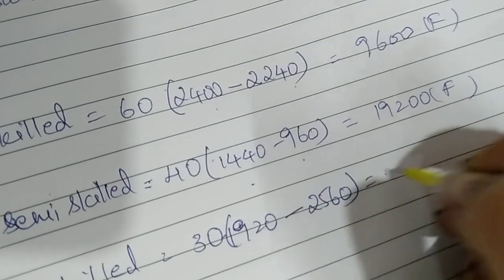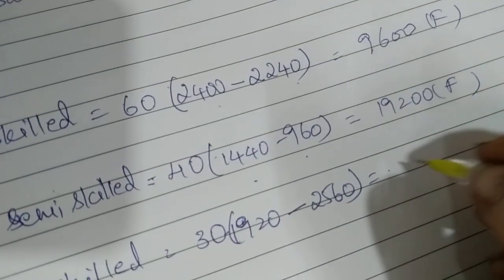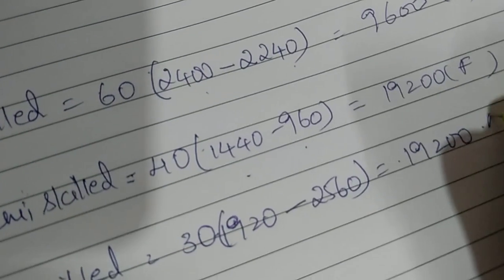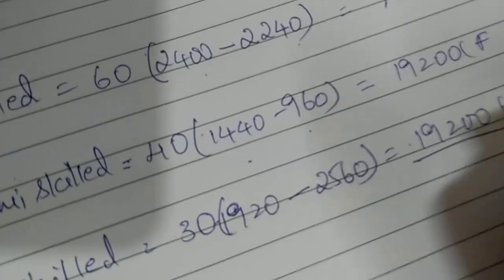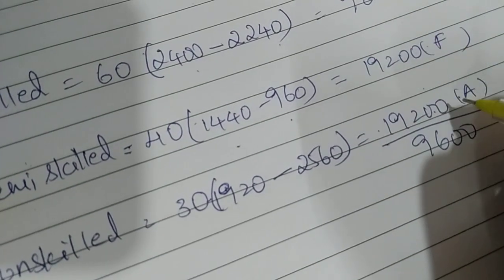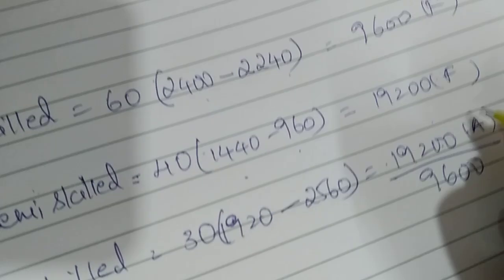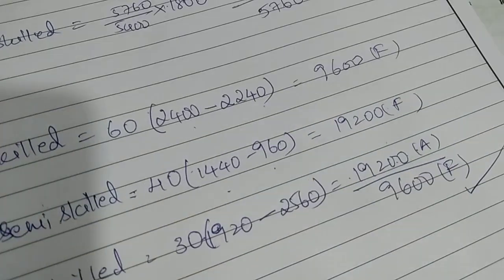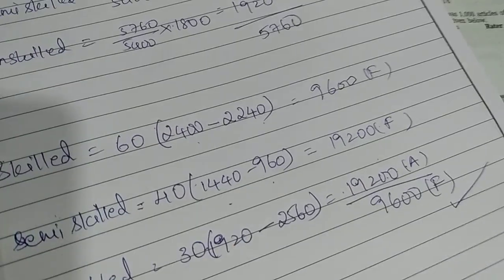And the last one I got again the same, 19,200, but this is adverse. So when I net it, because one is plus and one is minus, they will cancel, and the leftover will be 9600 favorable. So this is how we are going to do our sum of labor variance.